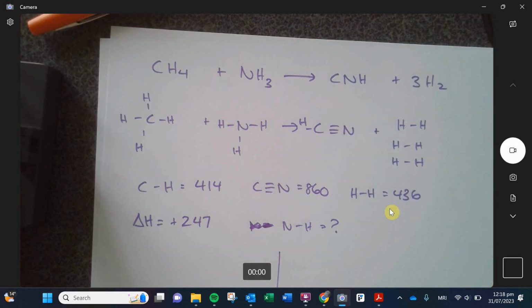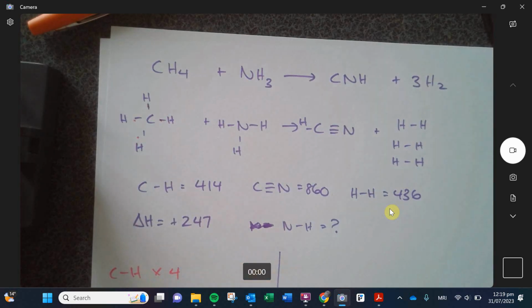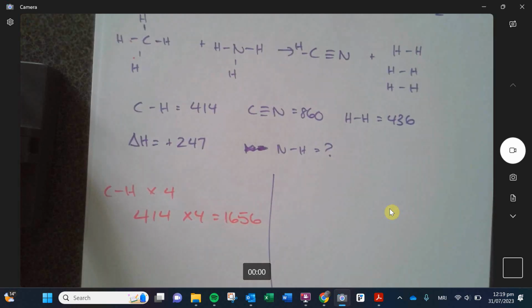I have my CH, and I count that there's 1, 2, 3, 4. So I'm multiplying that by 4. So 414 times 4. You are allowed a calculator on the assessment, so don't forget your calculators on the day of the exam. So that's that one.